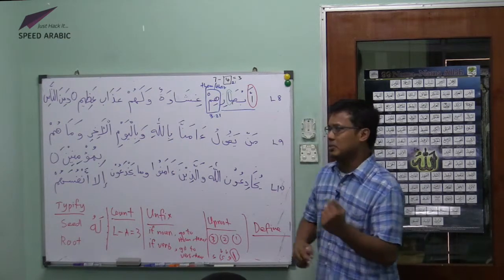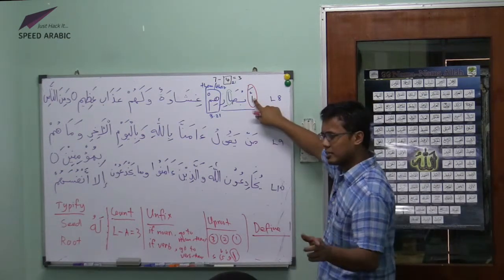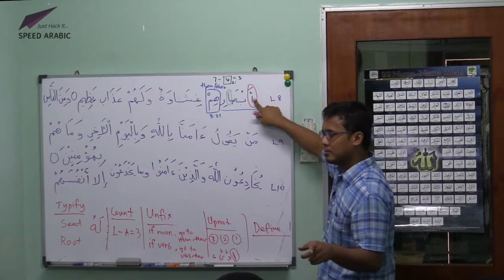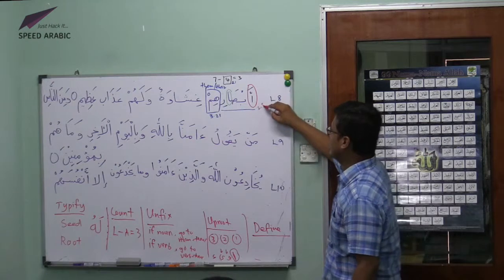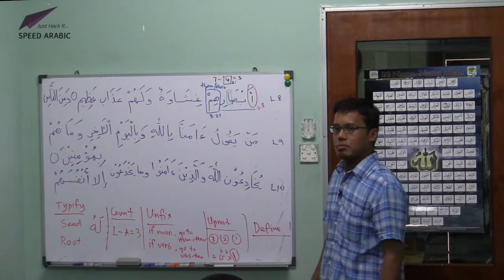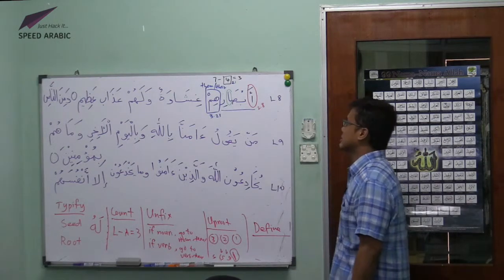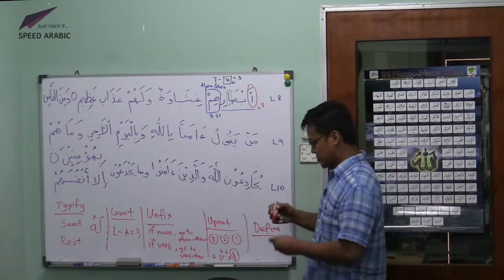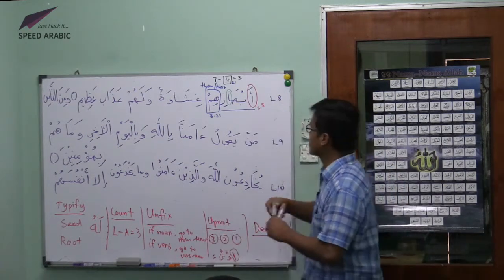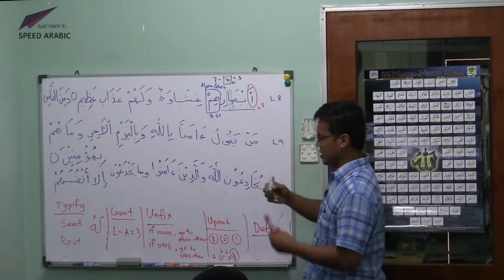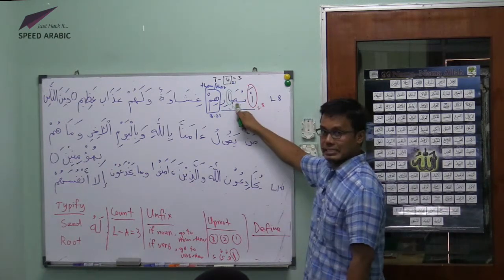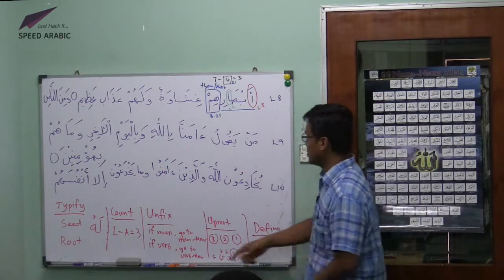Can someone tell me where is the R in the condensed table? What number is it? 2.8. And alif is 2.11. Once you get this, that means you have gotten the root.